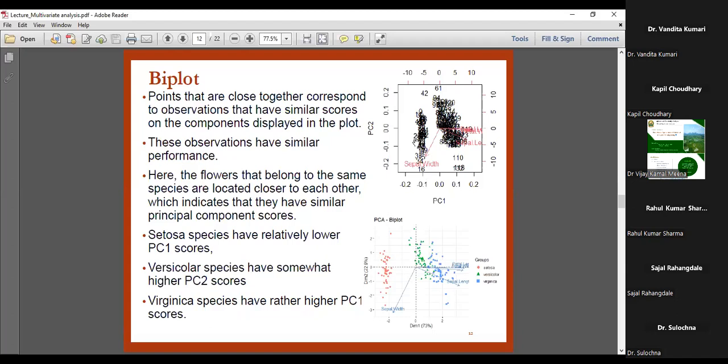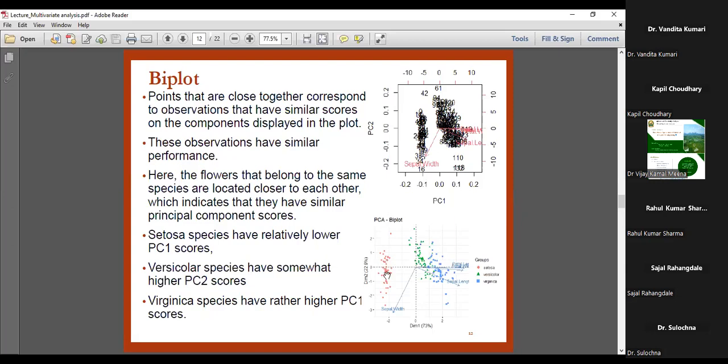Those observations that have similar performance are closer to each other. Here we are talking about the species of the flower. The flowers that belong to the same species are located closer to each other, as we can see in the biplot. All the flowers of the same species are located close to each other.